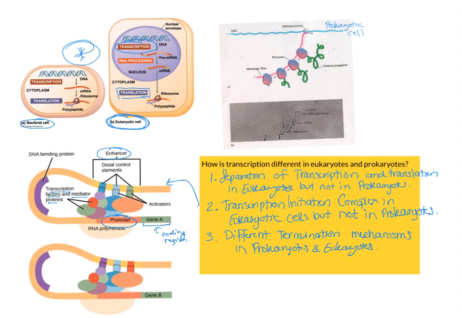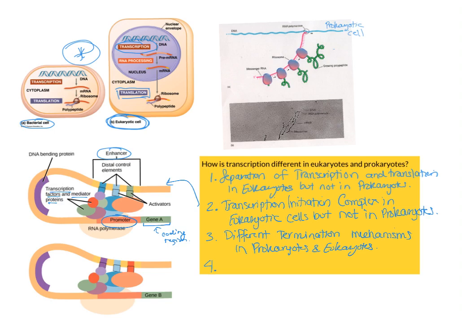But in eukaryotes, there's a slightly different mechanism that has a terminating sequence that ultimately results in the same thing, but it looks a little bit different. And so that is another difference between prokaryotes and eukaryotes. It's not important that you know what those mechanisms are, just know that that is different between prokaryotes and eukaryotes.